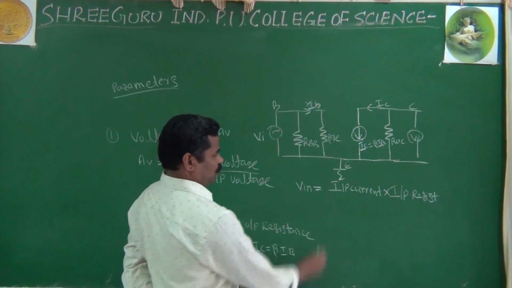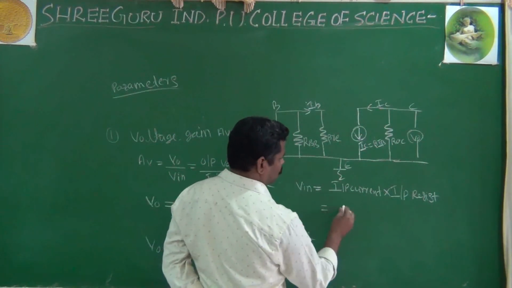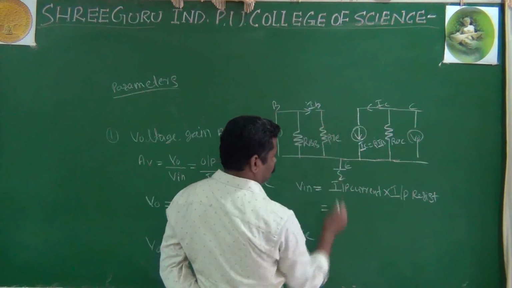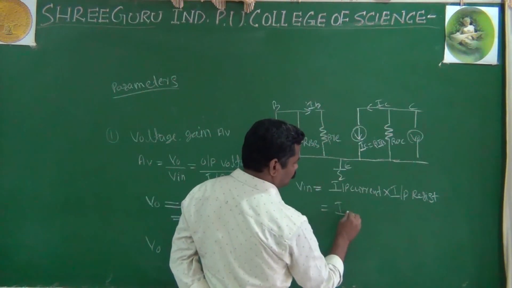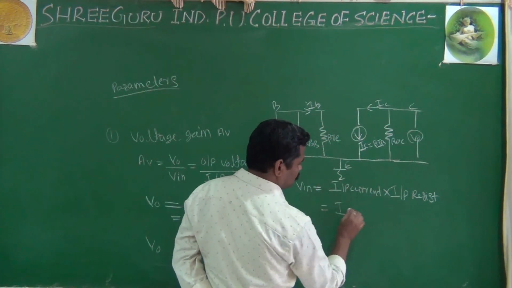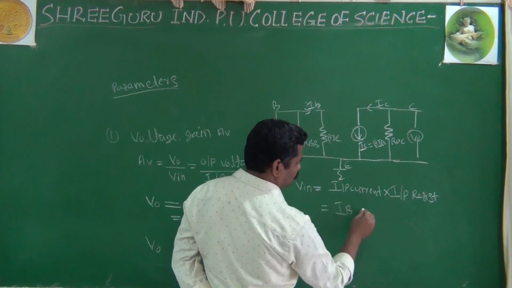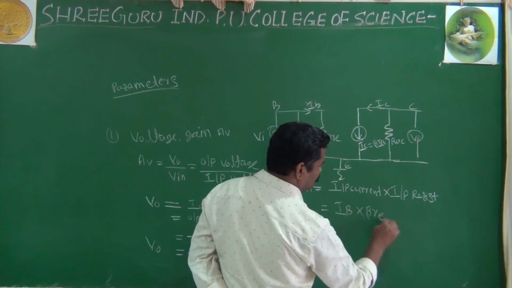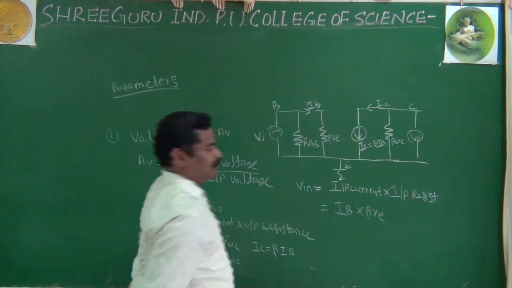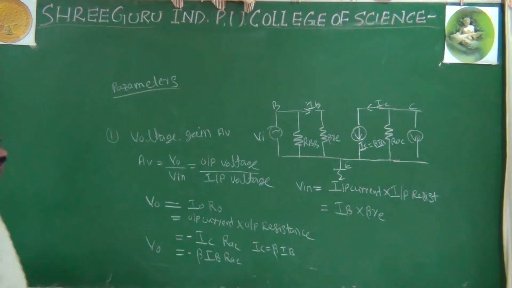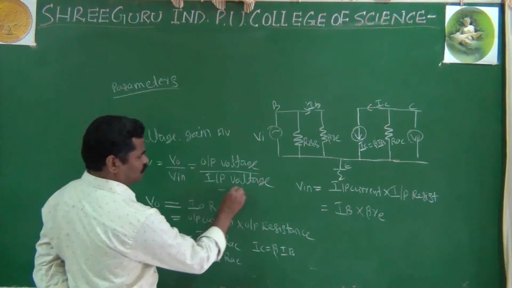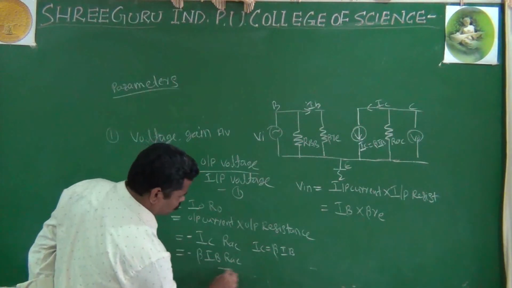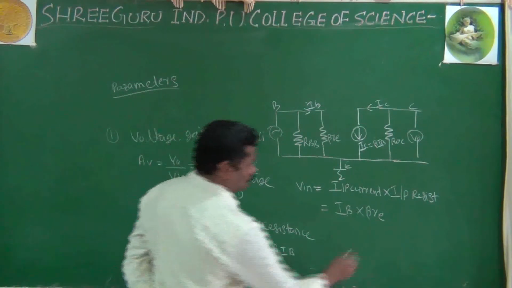As we know, the input current is IB, and the input resistance is beta into RE. You can write this as equation number 1, equation number 2, and equation number 3.